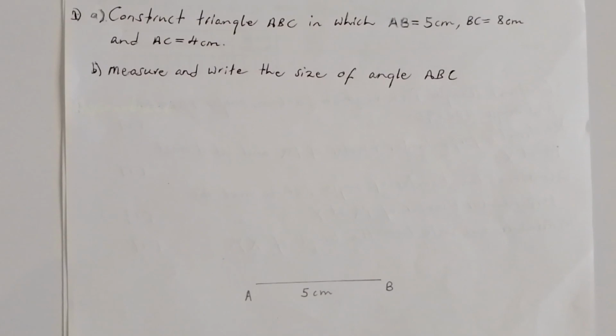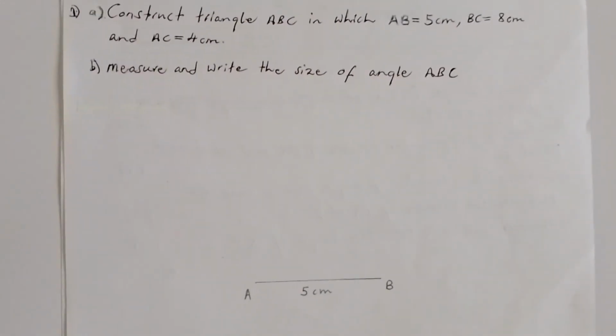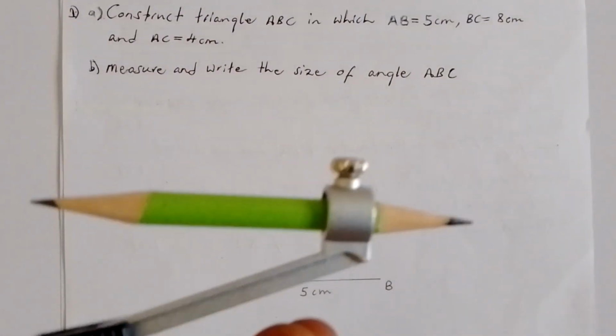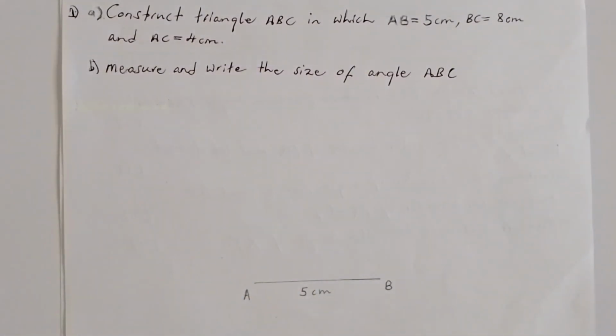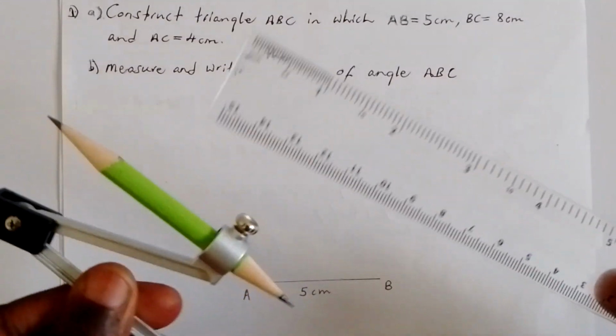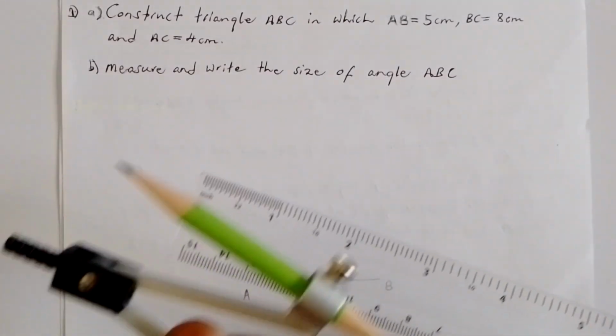To finalize this, you need the help of, not really a protractor, but a compass, and also a ruler. You need these instruments in order to work out the rest of the parts.